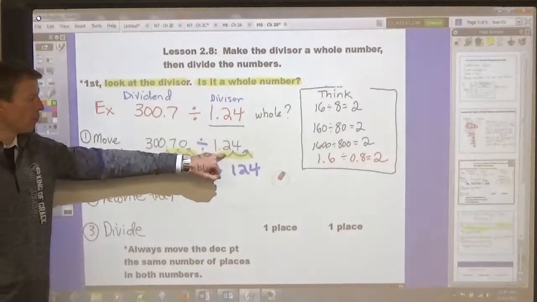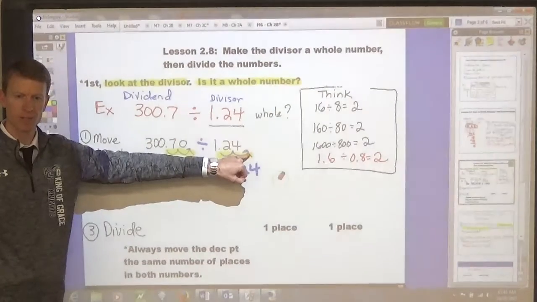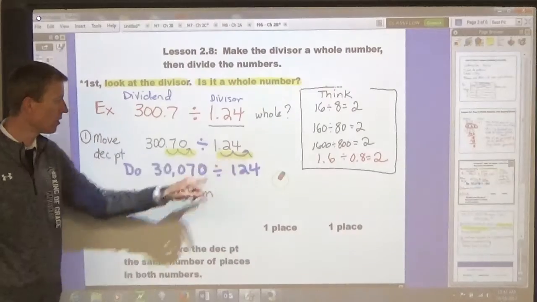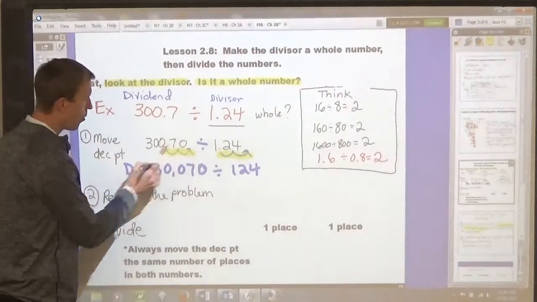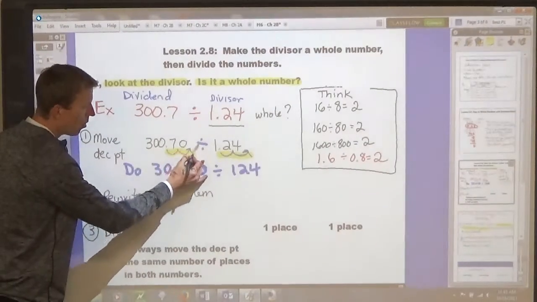Now let's go back. We had to move it two places in order to get the decimal point out of the divisor. So, if you move it two places out of the divisor, then you have to move the decimal point two places in the dividend to keep it equal.